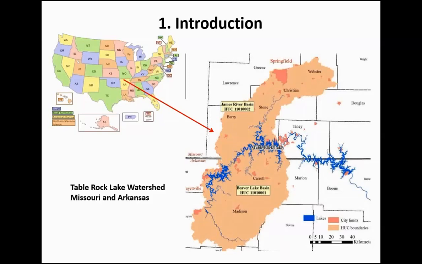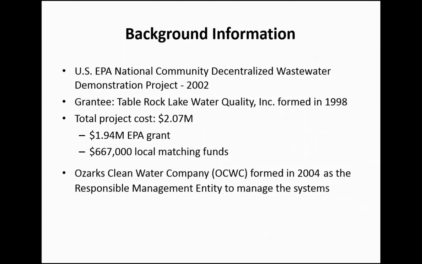The lake, back in 2002 and before then, was on the 303(d) list of impaired waters for nutrients, eutrophication, biological indicators, chlorophyll, and nitrogen. Give you a little background information.